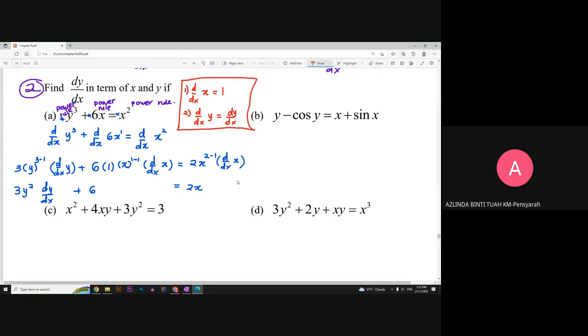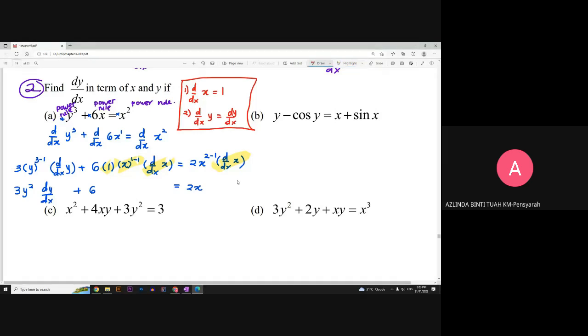So actually dekat bahagian yang second step di sini, you can skip yang jawapan ni 1. Yang ni pun you can skip. Differentiate ni pun you can skip. This part pun you can skip. Sebab value dia 1. So value dia 1 biasanya kita tidak tulis. It's okay to skip that part.